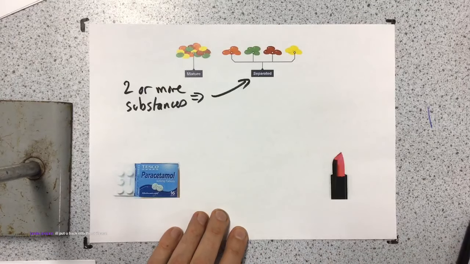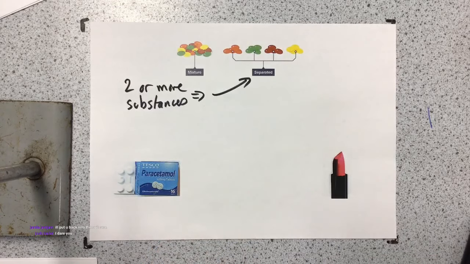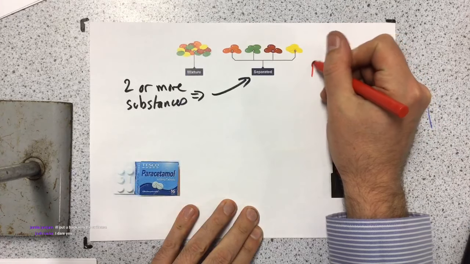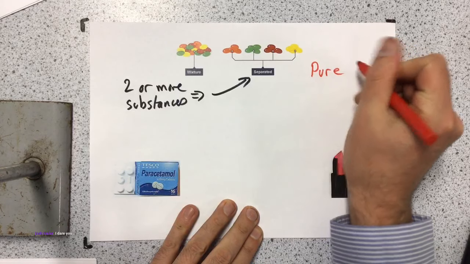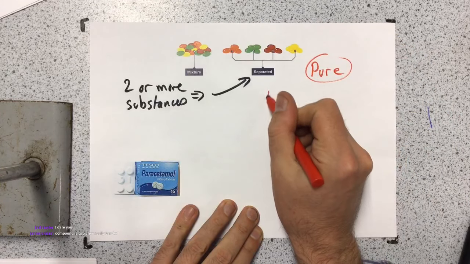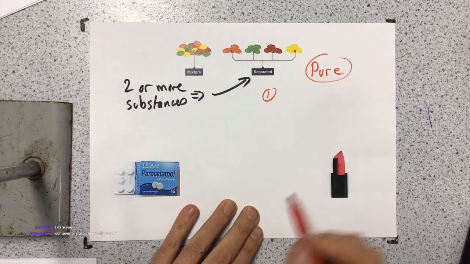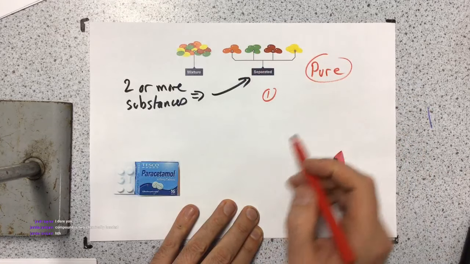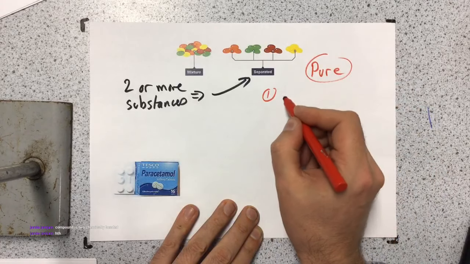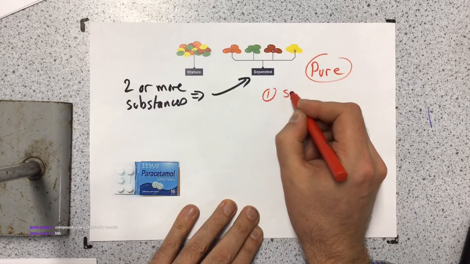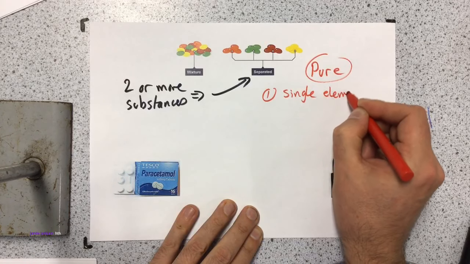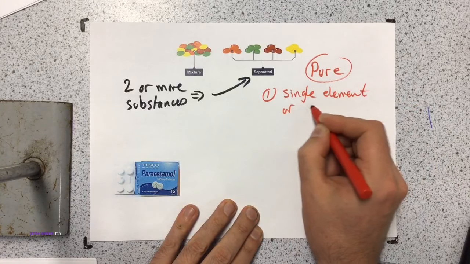Some definitions to think about: we have 2 definitions of the word pure. Definition number 1 is the scientific definition. So these, after they've been separated, are pure, because they are a single element or compound.